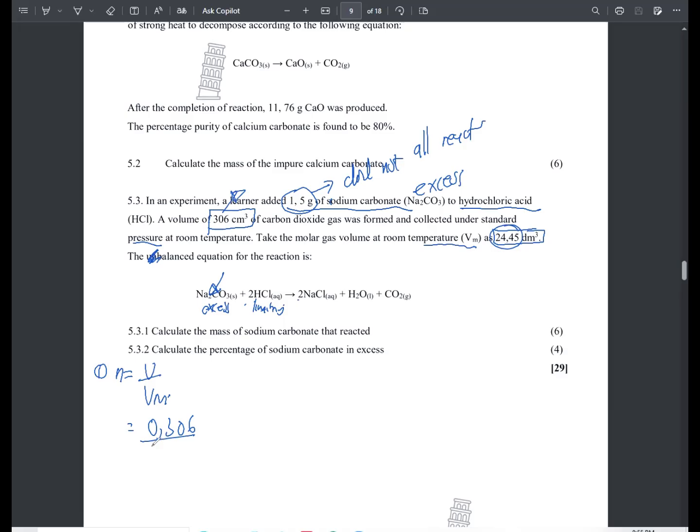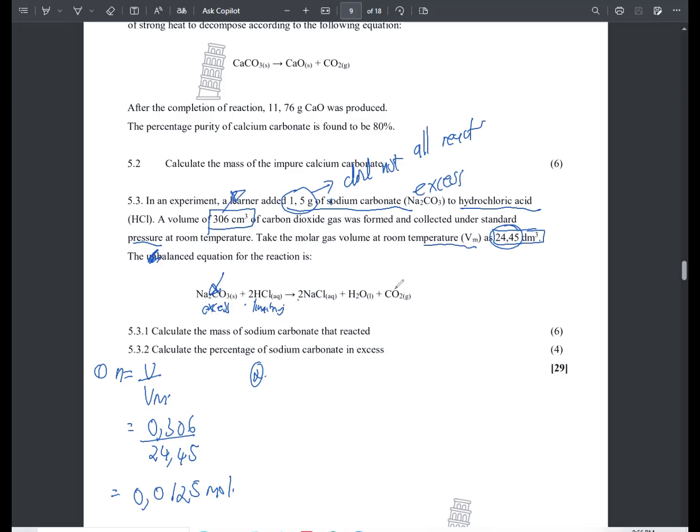Our VM is 24.45. When we divide, on the calculator, we get 0.0125. Allow me to round off to at least 4 decimal places. So 0.0125 mole.